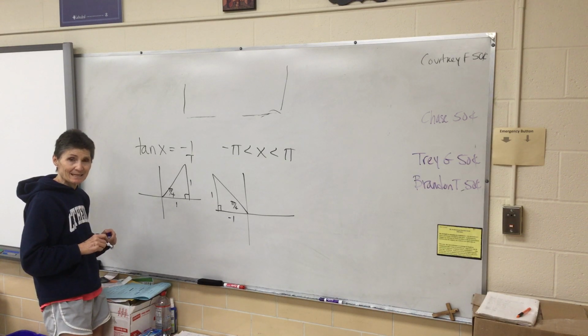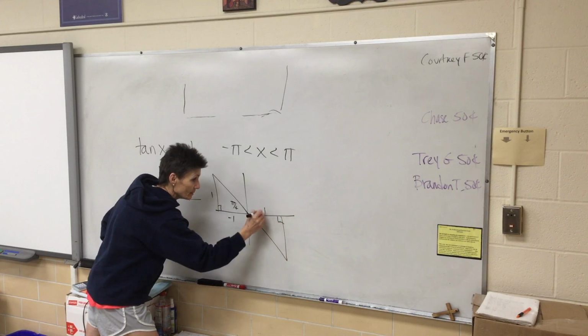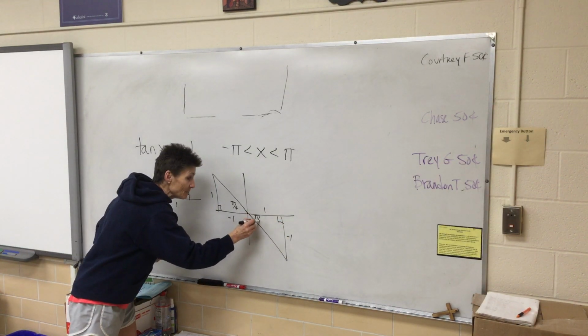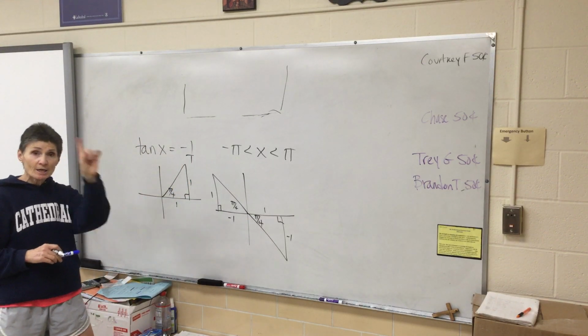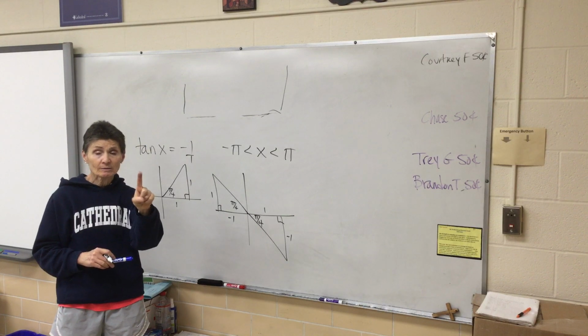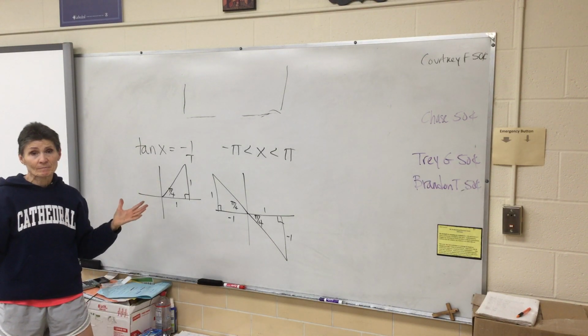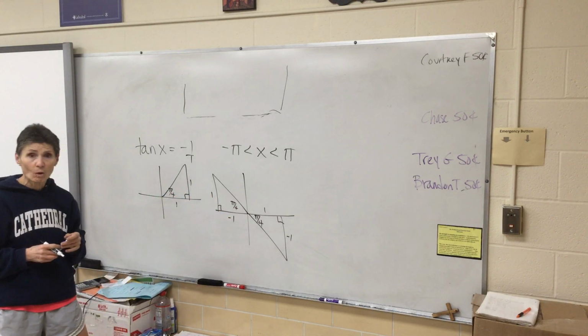Where else is it negative? In quadrant 4. The tangent will be negative in those two quadrants. So to solve this equation, you need to figure out your reference angle. I did that, pi/4. And then I have to figure out where it's at. It's either in quadrant 2 or quadrant 4.